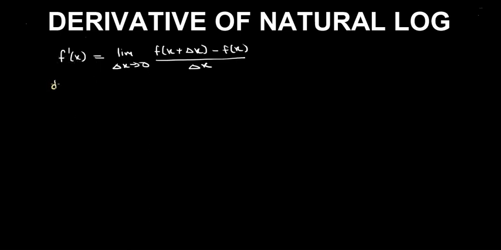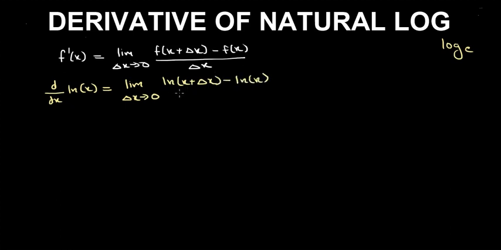So d by dx of ln x. Now I am writing log as ln to say that it's the natural log, to the base e. So d by dx of ln x is equal to the limit as delta x approaches 0 of ln of x plus delta x minus ln x, divided by delta x. Now ln is our function and x plus delta x is from the definition.